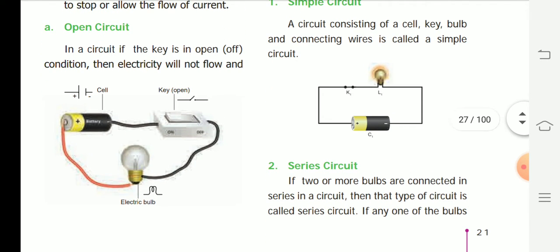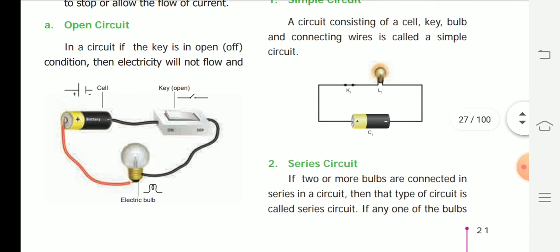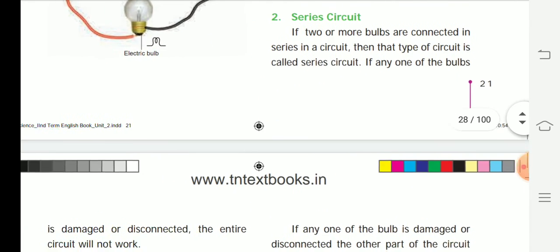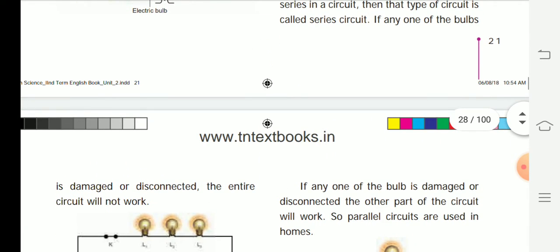The next one, series circuit. If two or more bulbs are connected in series in a circuit, then that type of circuit is called a series circuit. If any one of the bulbs is damaged or disconnected, the entire circuit will not work. This is called a series circuit.